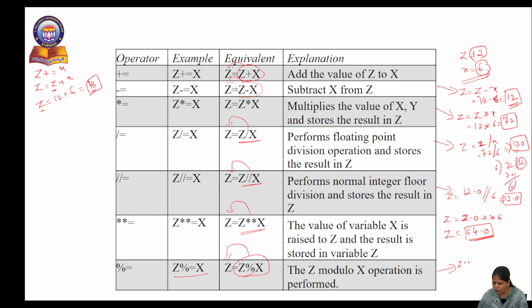Z equal to z modulo, 64.0 modulo what is the x value? 6. So 64, 6 tens are 60. What is the output I got here? This is the updated z value. So the z value is 4. Like that it will be calculated.